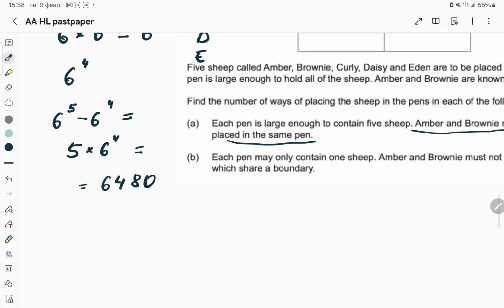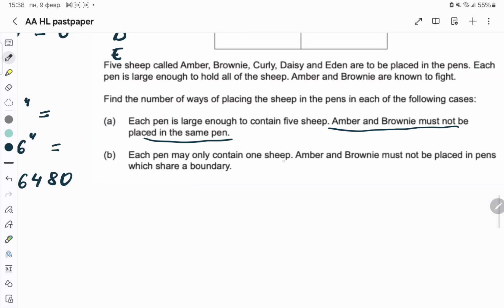Okay. Now part B. In part B it says that each pen may only contain 1 sheep. Amber and Brownie must not be placed in pens which share a boundary. Now we are going to split these 2 sheep because they have a bad relationship.